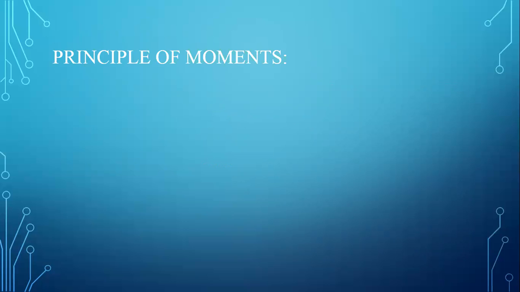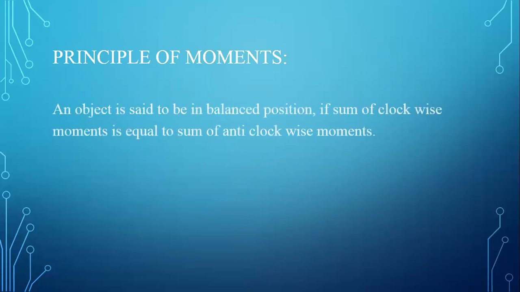Now, what is the principle of moments? With the help of this principle of moments, we can understand how an object remains in a balanced position under the action of a number of moments. According to the principle of moments, an object is said to be in a balanced position if the sum of clockwise moments is equal to the sum of anti-clockwise moments.